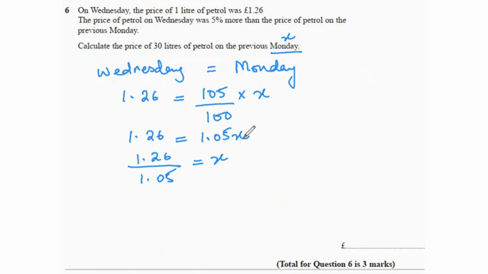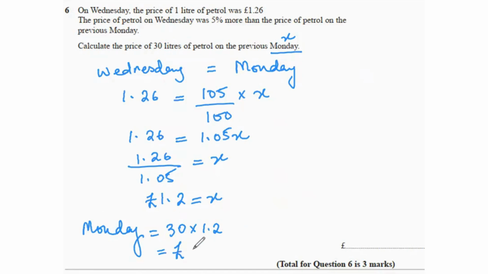So 1.26 divided by 1.05 gives us 1.2 pounds. That's the price per liter on Monday. Now for 30 liters, the price on Monday is going to be 30 times 1.2, which gives us 36 pounds. That's what it's going to cost for 30 liters of petrol on Monday.